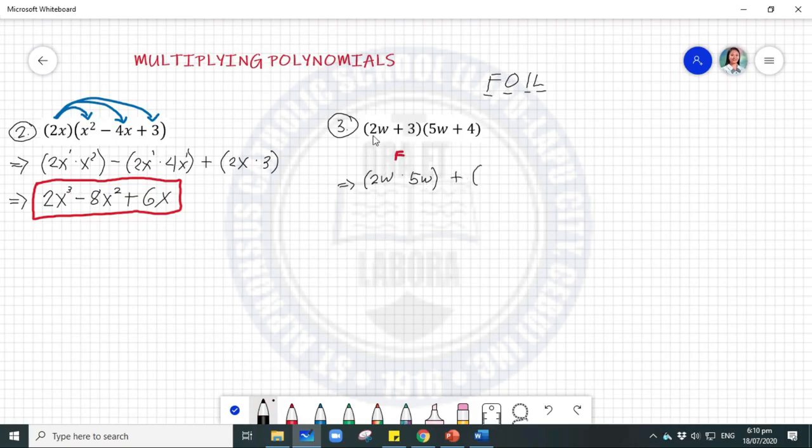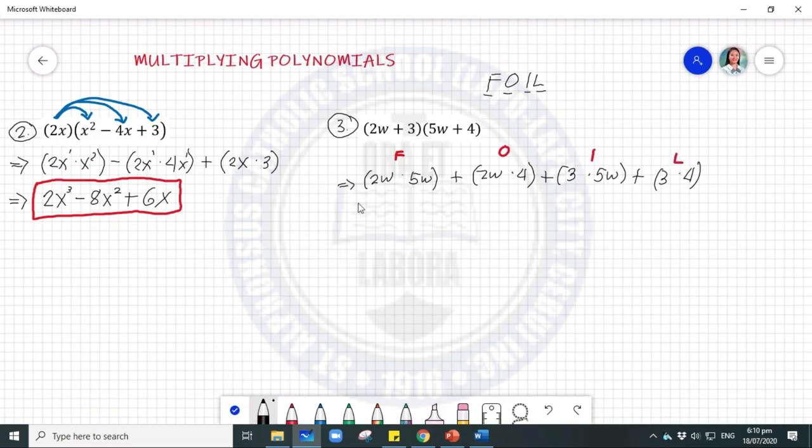The outer terms are 2w and 4, plus the inner terms are 3 times 5w. Then the last terms are 3 times 4. So let's try to check. This is the first terms, outer terms, inner terms, and last terms.